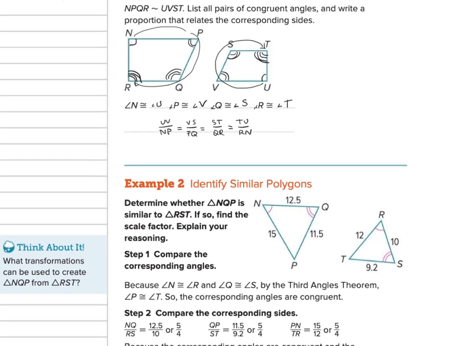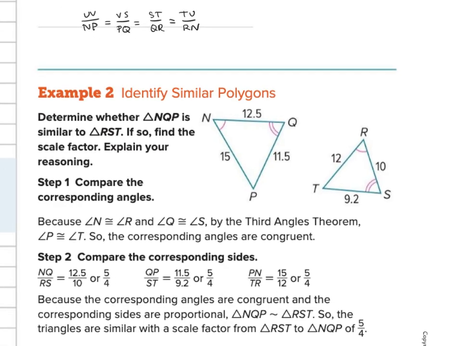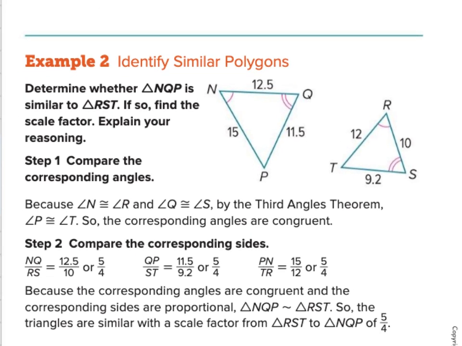So let's see, looking here, determine whether NPQ is similar to RST. If so, find the scale factor. Okay, what do I know here? NPQ, N should be the same as R, according to the names, right? Q should be the same as S, and then by default, P would be the same as T, because remember, if two angles of one triangle are congruent to two angles of another triangle, then the third angles are congruent.